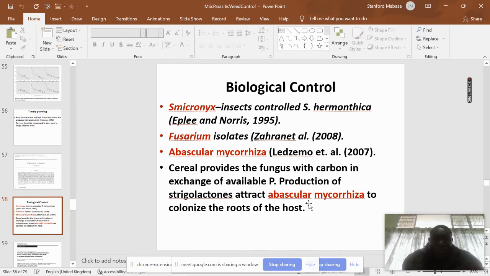Biological control. Yes, there are opportunities for controlling Striga using biological agents. We have an insect known as Smicronyx, which was found to control Striga hermonthica in West Africa.